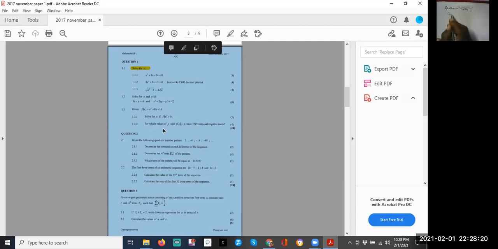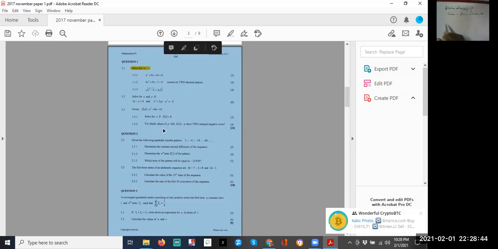Or it is given that f of x equals x squared plus 8x plus 16. Fine.